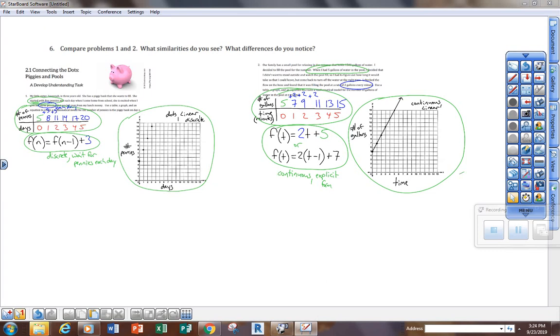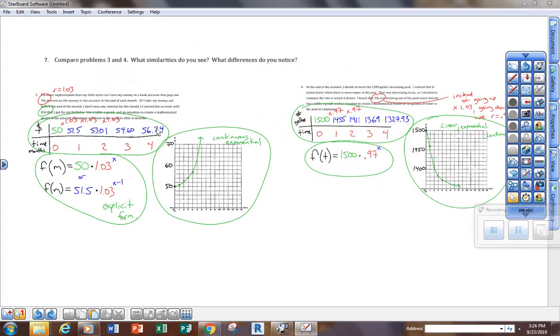Okay, the last one. And again, be writing these things down, I'm telling you. So 3 and 4. The similarities, they're both exponential. They both have a common ratio that you're timesing. They're both the explicit form. They give you data to graph.